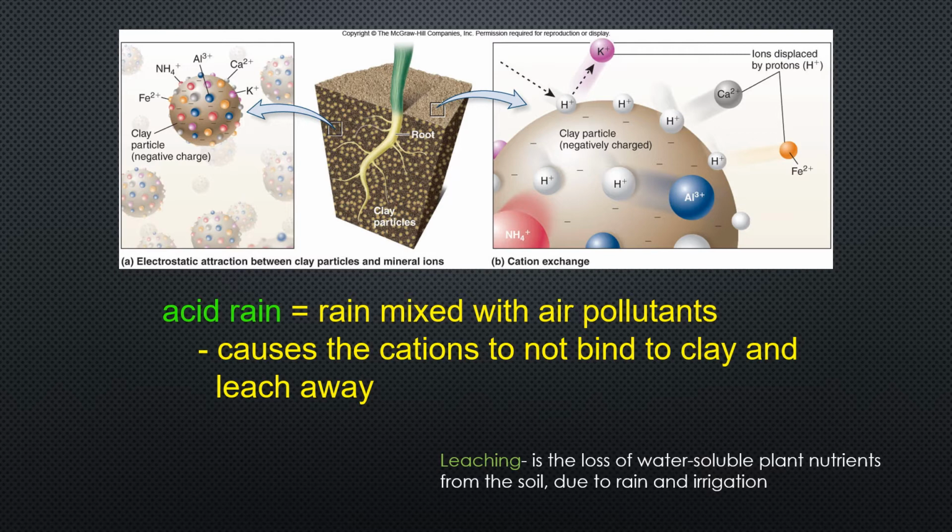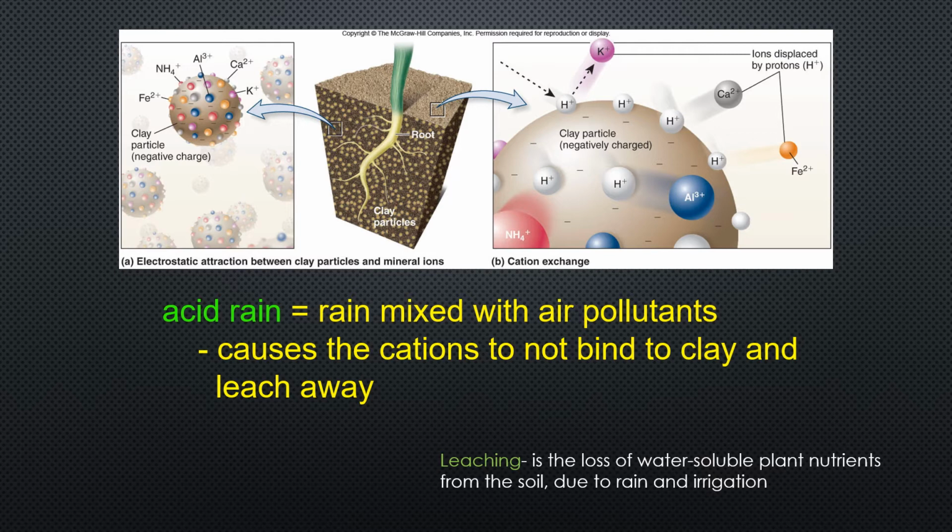So when you hear that term leaching out of the soil, it just means a loss of water-soluble plant nutrients from the soil due to rain or irrigation. And this is just something important to note. Irrigation does not contain any minerals, so we can actually leach out a lot of our essential nutrients by using irrigated water or city water.